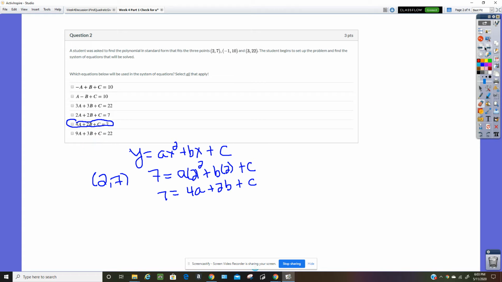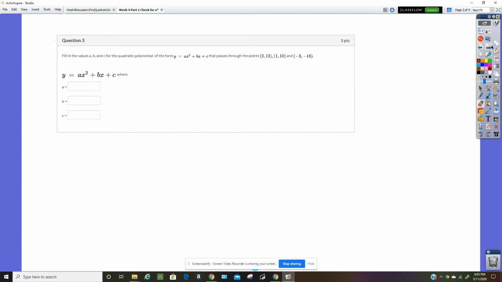All right, so question 3. Fill in the values a, b, and c for the quadratic in the form of ax squared plus bx plus c that passes through these 3 points. So once again, you're going to plug into here.